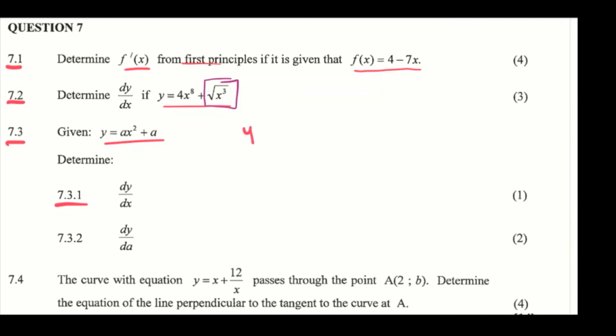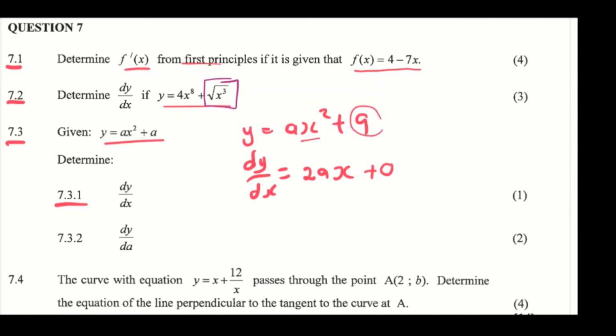So you have y equals ax squared plus a, and to find dy over dx, you're deriving this x squared, which would be 2ax plus 0, right, because this is a constant. So dy over dx equals 2ax. So this is the final answer for this one here.